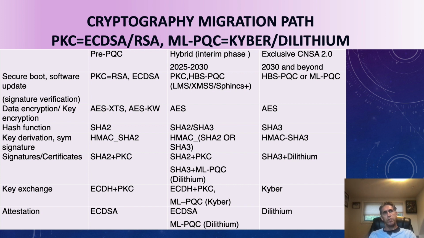The hybrid solution in this case would be to use a hash-based algorithm, either LMS or XMSS or SPHINCS. The first two, as I mentioned, are government requirements, and the third one is not yet standard, but lots of people are using SPHINCS because of the many benefits it provides. And then post-quantum, 2030 and beyond, in the third column, that would be either a hash-based algorithm or a module lattice algorithm.